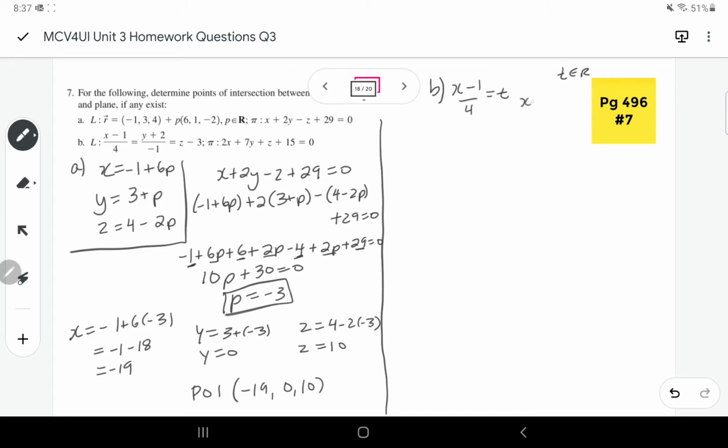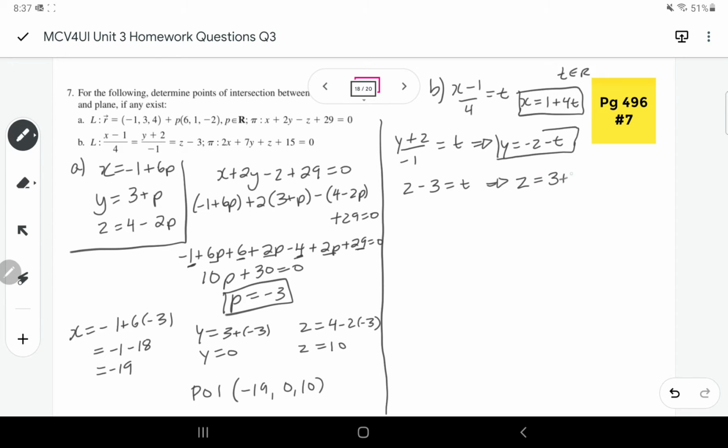So for the x, I get 1 plus 4t when I isolate that. And then the y piece, I have (y plus 2) over -1 equals t. And rearranging that equation, I get y equals -2 minus t. So there's my parametric equation for my y value. And the z, it was just z minus 3 equals t. So that would come to z equals 3 plus t.